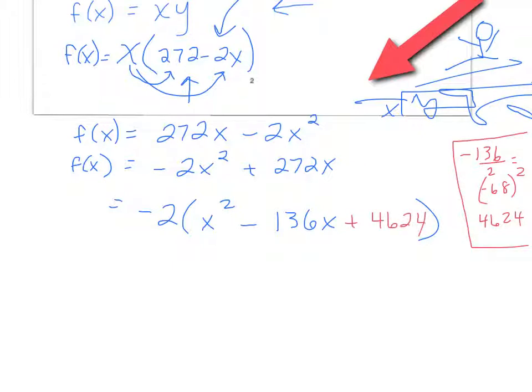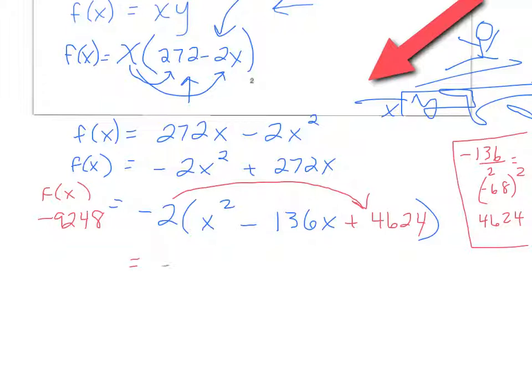However, I have to know what I'm adding to the left side. So it's -2 times 4624. That's going to tell me what to add to the other side. Because not only do you have a negative out there, you have a -2. So that gives me 9248. -9248.